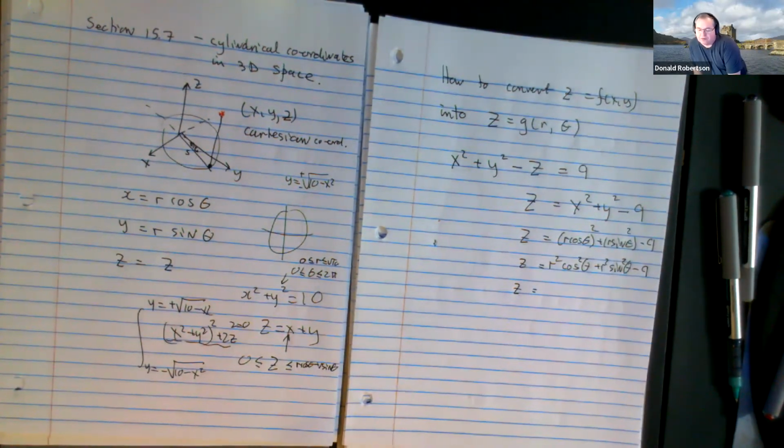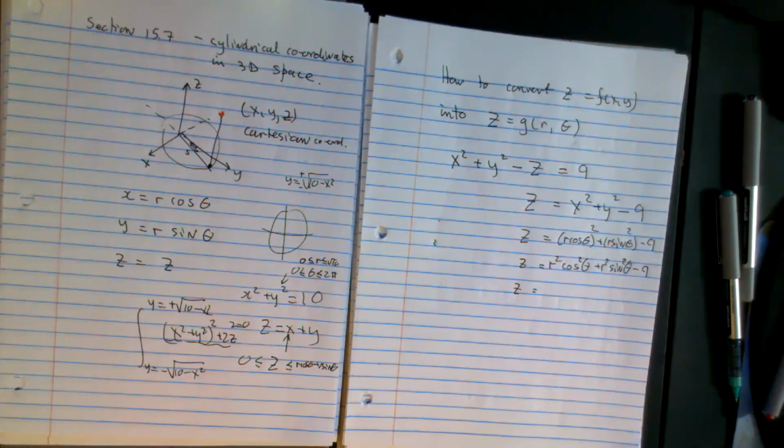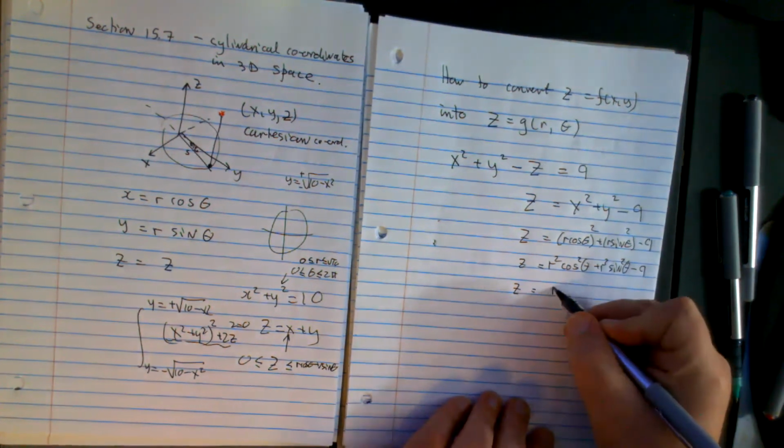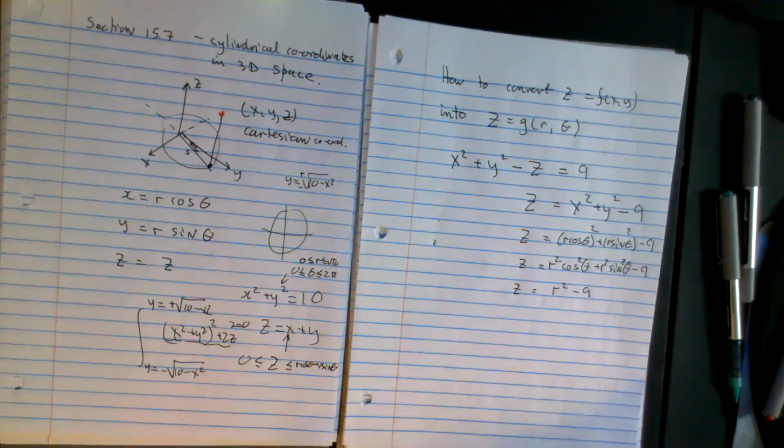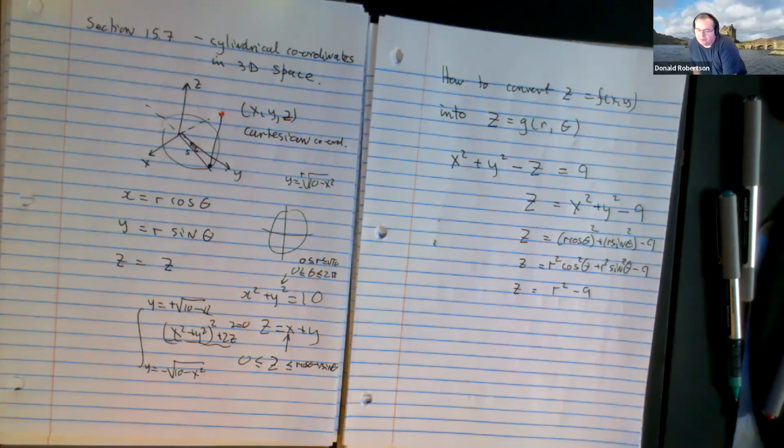Simplify that. What does that reduce into? r squared minus 9. Agreed? Now, can you imagine that might be helpful if you're doing limits of integration of a function, a surface? If you just convert everything into r's and thetas, won't your triple integral become relatively nice?